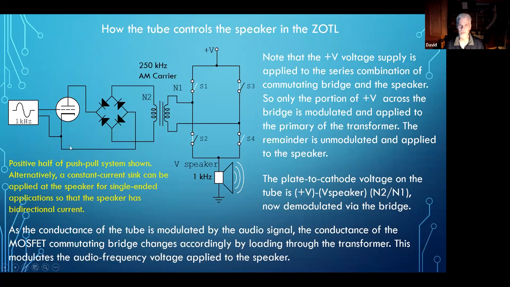If the tube's cut off completely, then this is basically an open circuit here, so no voltage gets to the speaker. So the voltage across the speaker is zero. All the voltage is across here, but it's not going anywhere if the tube's turned off.